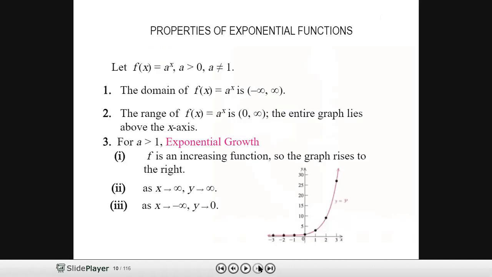Anyhow, we are now going to the properties of exponential functions. Properties mean, let f be a function, that is the exponential function. a is always greater than 0, and also it must not be equal to 1. So the domain of f(x), if you are asked to find the domain of any exponential function, state minus infinity to plus infinity.